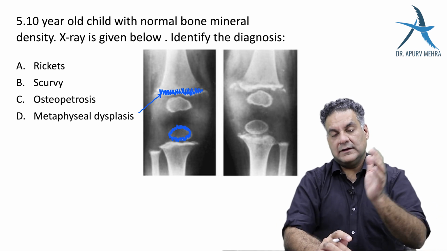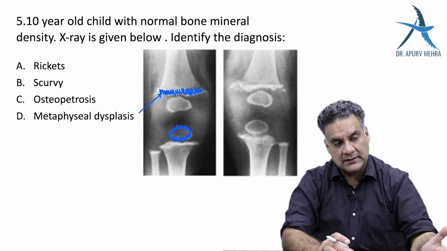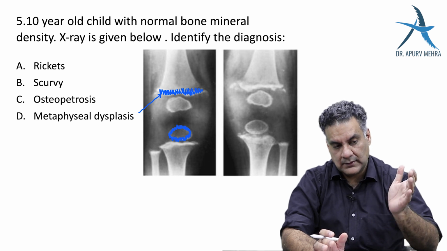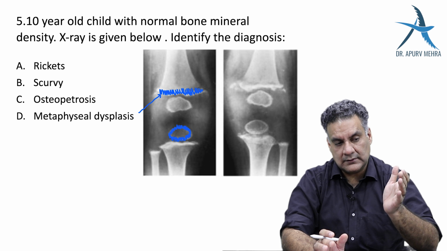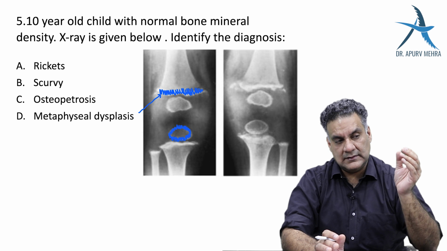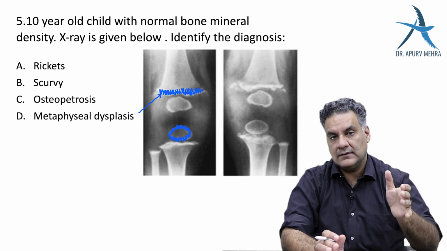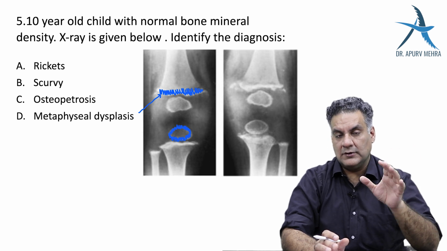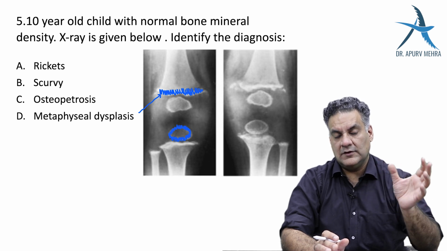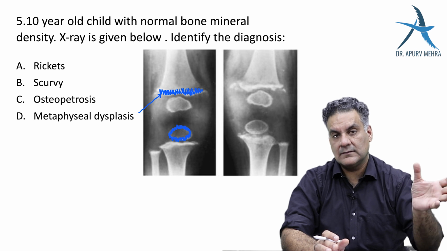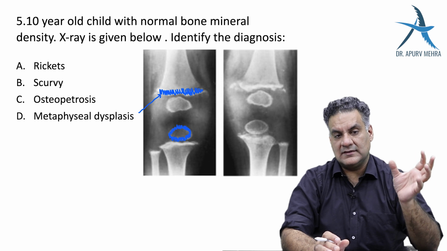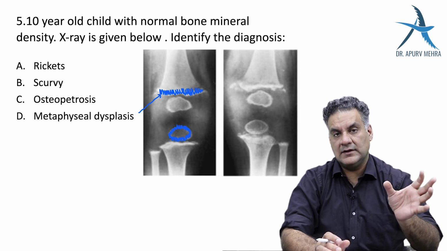So there are different signs which are described with respect to the ring. The three ring signs that one must remember are the ring sign, which you see in scapholunate dissociation, the O ring sign, which you see in chondromas, and the Wimberger ring sign, which you will see in cases of scurvy.